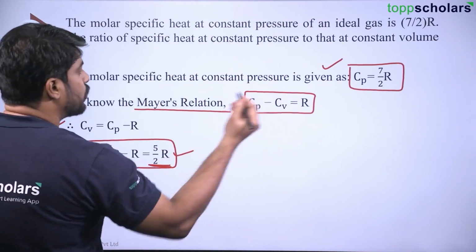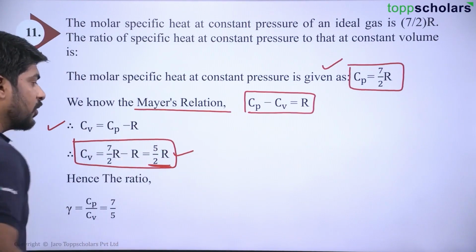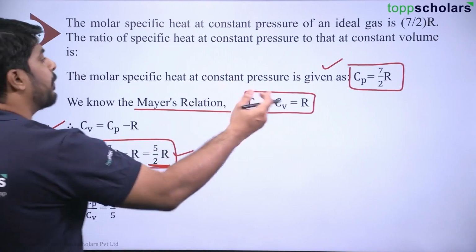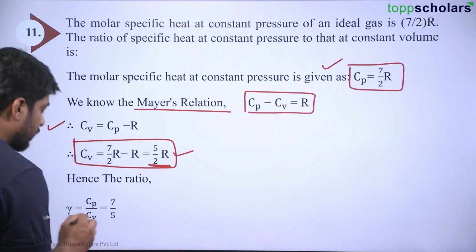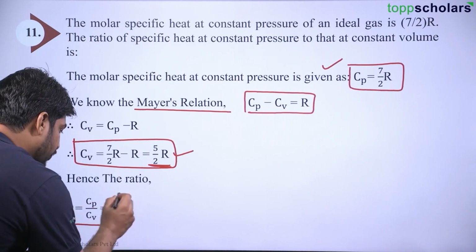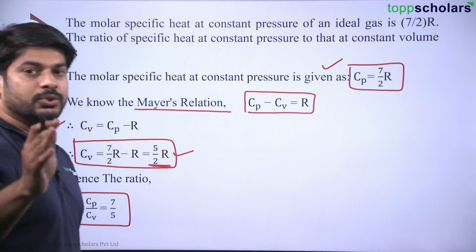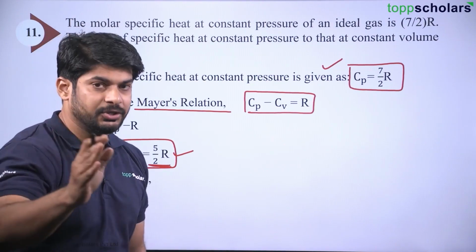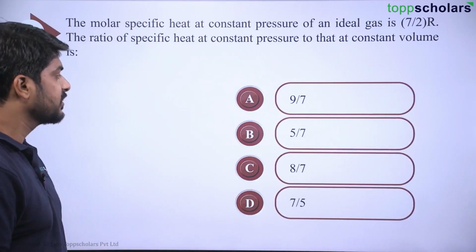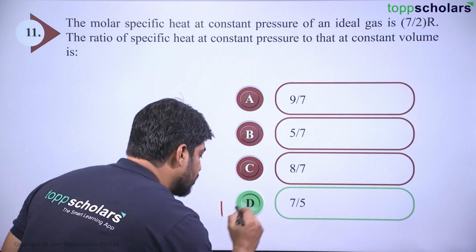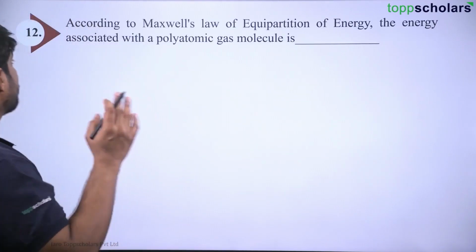So 7/2R upon 5/2R, definitely 1/2 R is going to cancel and what will remain is 7/5 only. So this is going to be the ratio, and therefore the correct answer is option D, that is 7/5.